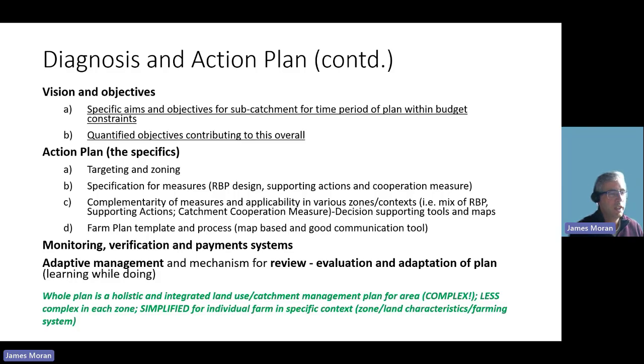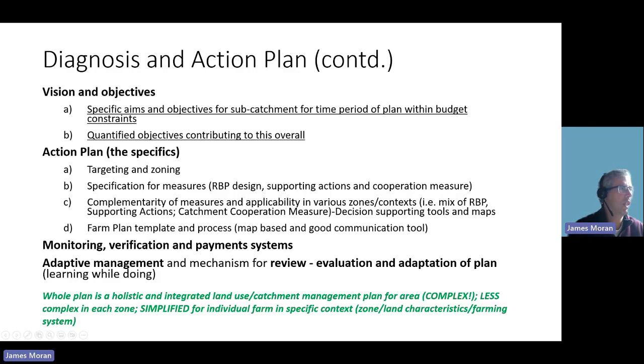When we have a zoning approach, in each zone, this should be less complex, but for individual farms, it should be ultimately simplified, working on their specific context, so that they have clear guidance on the most appropriate measures, what fields are scored, what actions are required, depending on whether their fields are in low quality, medium quality, or high quality.